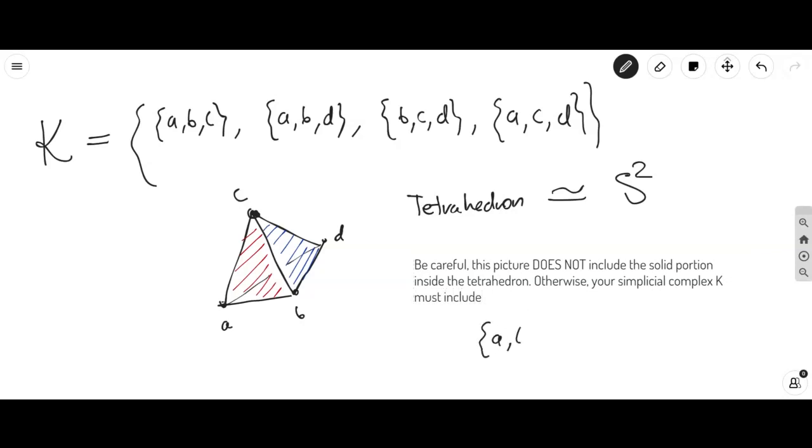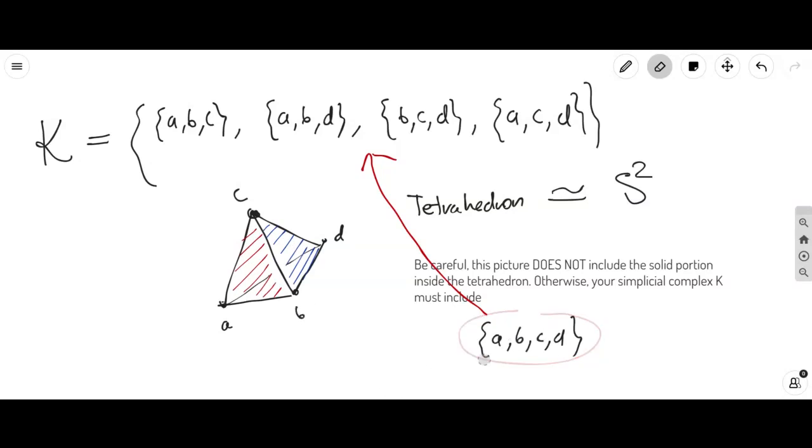It will have to include A, B, C, and D. If you were to include it into your set, then that will represent visually a simplex that contains all four of those vertices. So it will be filled, it will be solidly filled inside as well.